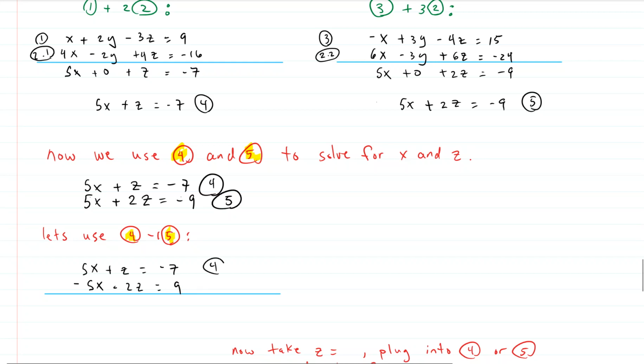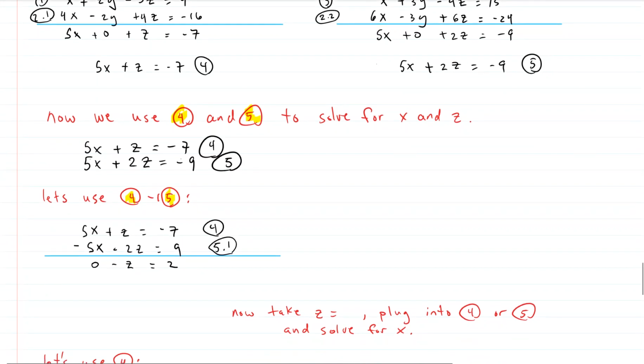This was equation 4, and this is a new equation 5, so we'll call that 5.1. When we add these, we get 0 minus z equals 2. If we multiply both sides by negative 1, we get z equals negative 2. So that's nice. We've just found one of the variables.